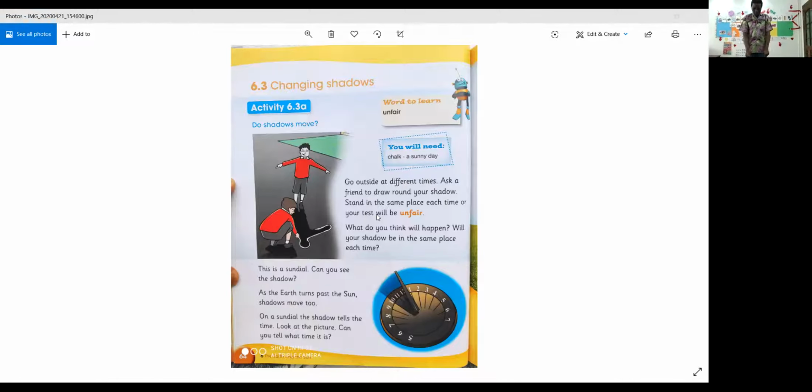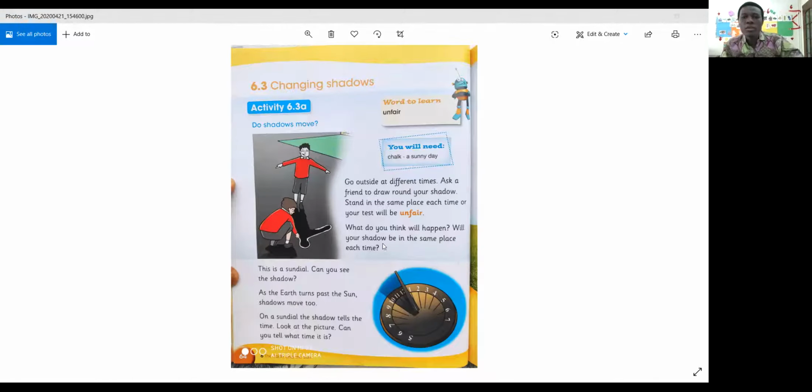So you had better mark it, and every time you come, you draw it. If you cannot go outside, you can go on your balcony or in your backyard and draw even the tree's shadow. That will show you how it moves, or better, how it changes during the day.